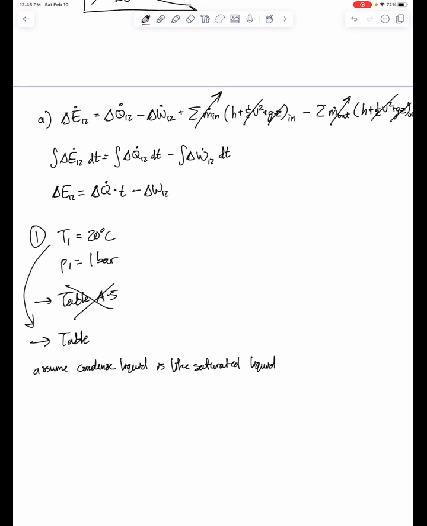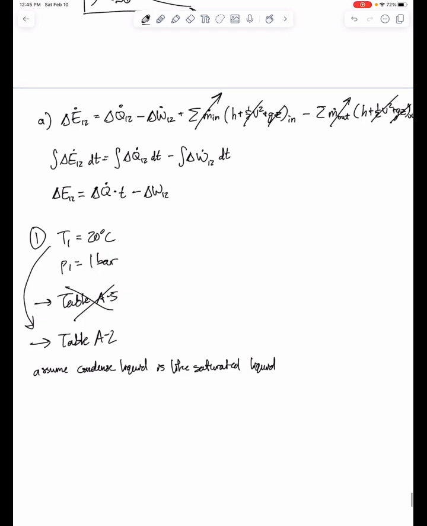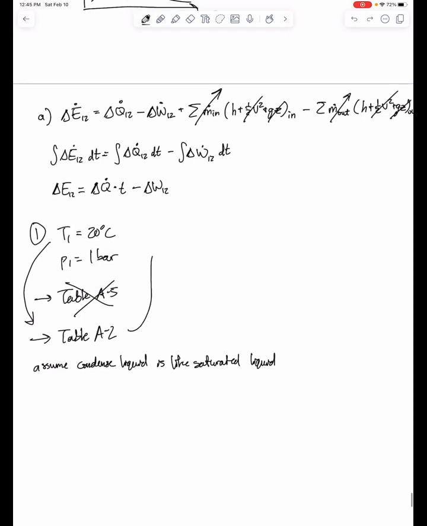All right, so going to table A2. It's sloppy, but I'll make do. To go to table A2, T was 20 degrees Celsius. And what do we get?